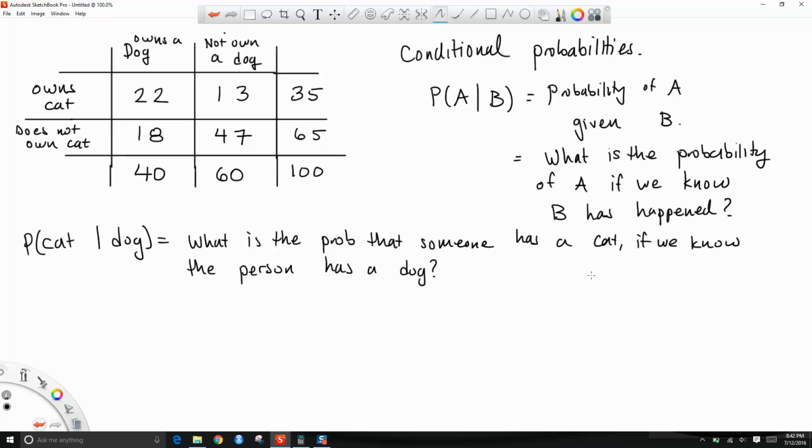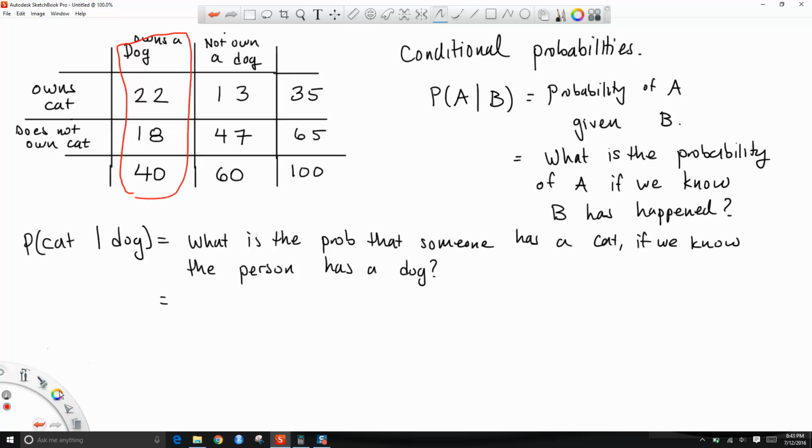Okay, so probability of cat given dog. Okay, so what is this? How many people qualify? So we're limiting, basically, as soon as we say if we know the person has a dog, we are essentially limiting ourselves just to this column here. Okay? If we know the person has a dog, this is our world now. Everything out here, it doesn't matter.